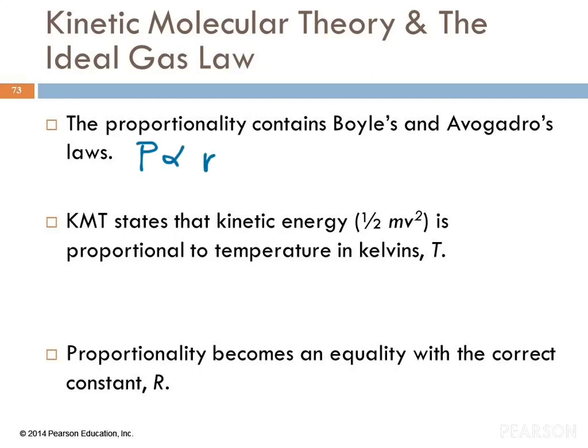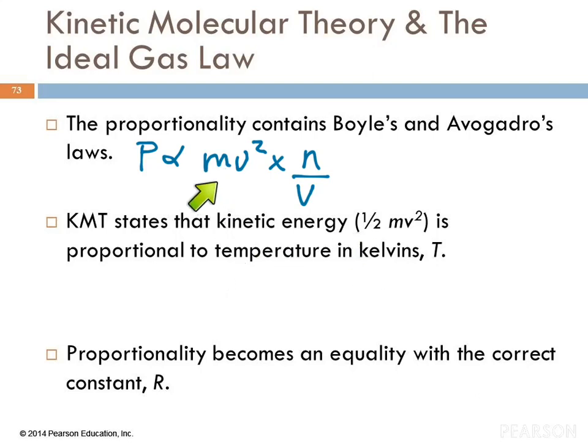So, mv squared times n over V. I just copied that down from previous. So we've got Boyle's law and Avogadro's law hiding in this proportionality here. Kinetic molecular theory says that kinetic energy, 1/2 mv squared, is proportional to temperature.